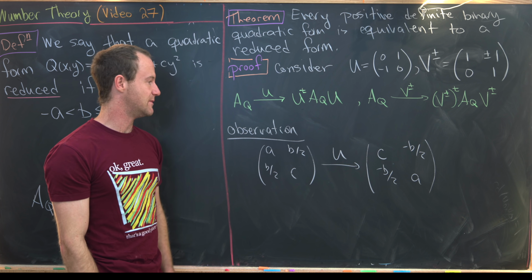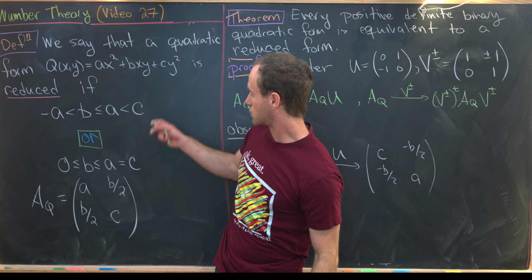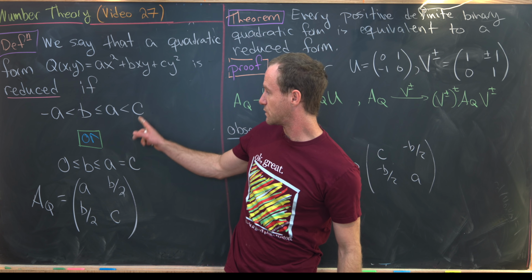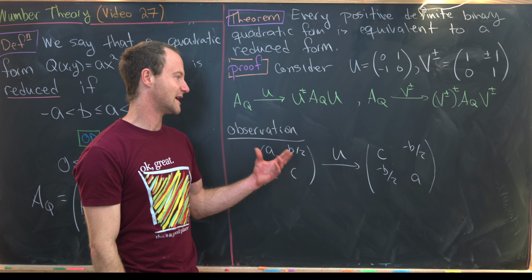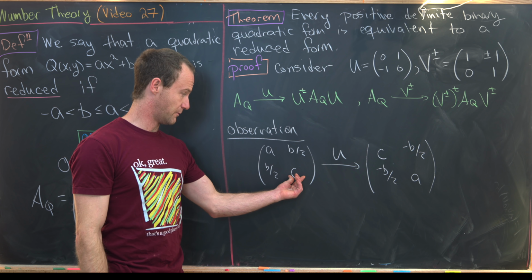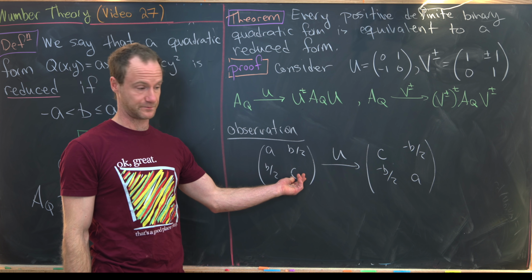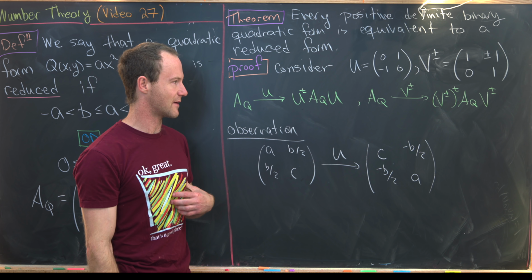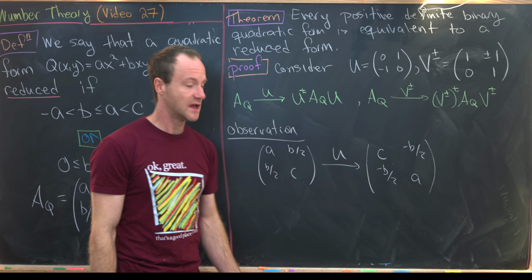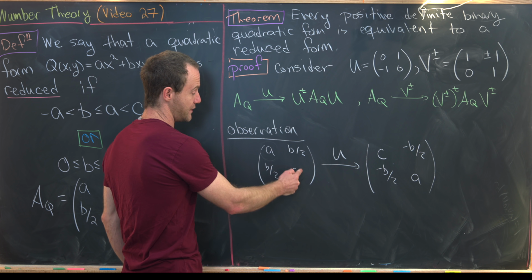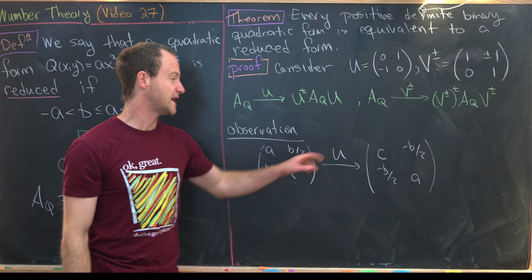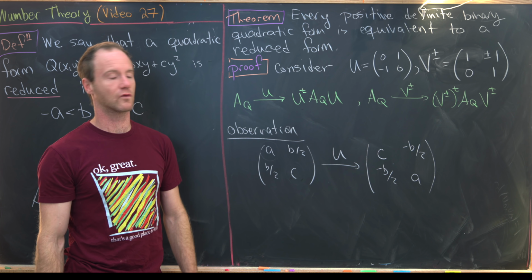That's really good to keep in mind, because by these rules up here, we always want C to be bigger than or equal to A. And by C, I just really mean the portion of the matrix right here. So if we've done a lot of operations maybe involving V, and we end up with this guy right here being bigger than this guy right here, then we can just apply U, and then we're in the right order again.